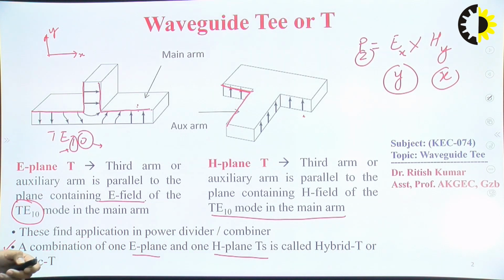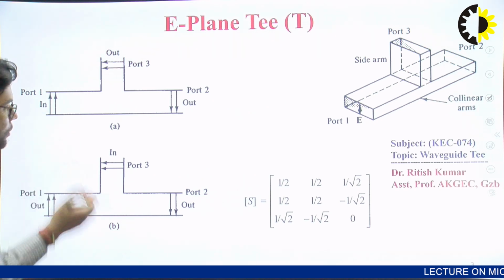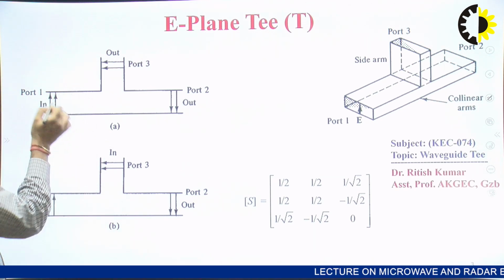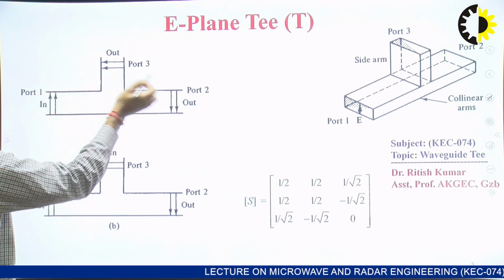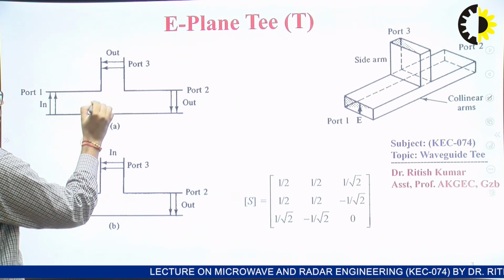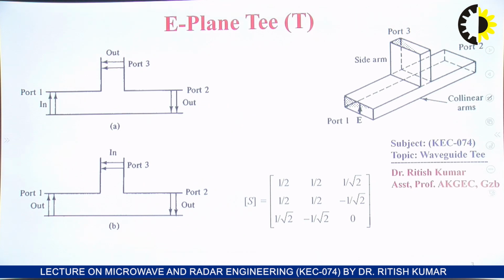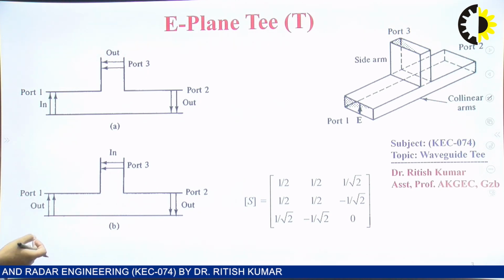Now come to the next slide, E plane T. You can see here this is a 3-port device, port 1 and port 2, which is the main arm, and port 3 is a kind of secondary arm or auxiliary arm, or we can also say side arm. The main arm is also known as the collinear arm as well.